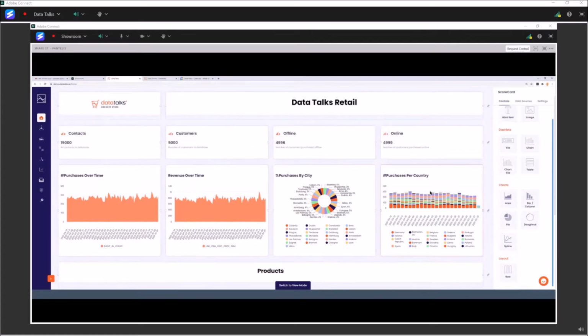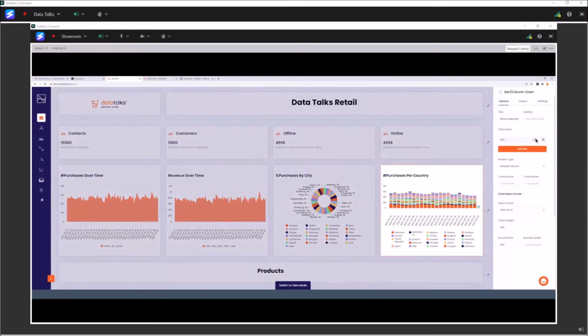So as you can see here, we have self-service analytics functionality. You can just drag and drop, and then you can configure your data in a very nice way. It's not complex. You don't need to write any SQL queries.